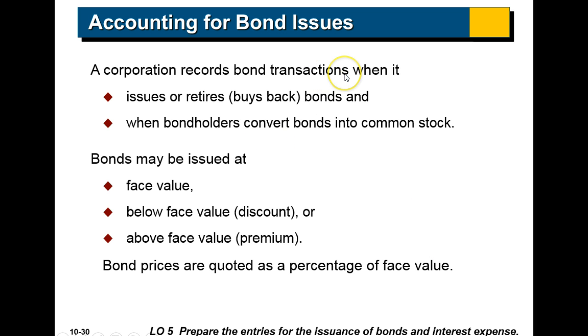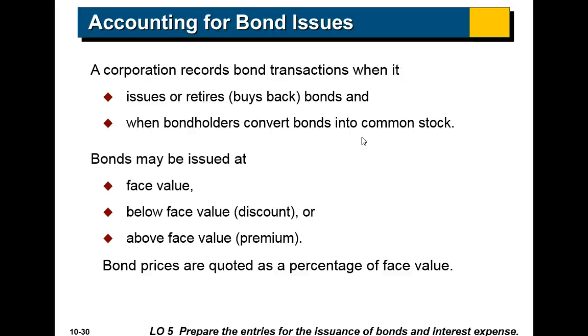Corporations will record bond transactions when they either issue the bonds initially or retire the bonds, and when bondholders convert bonds into common stock. Remember how we saw that some bonds can be convertible? The bondholder may say, hey, instead of having this debt you owe me, I want to buy some stock from you.